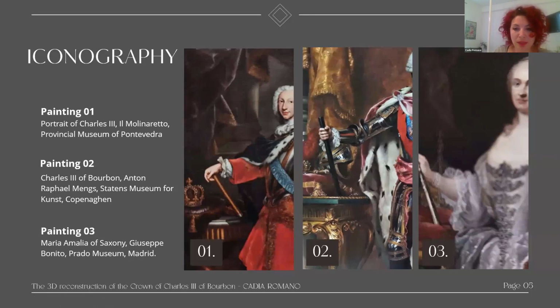Why do we have these different parts? Because it was a custom of a royal family when they did a portrait with the painter, they posed with the clothes, jewels, and crown once, and then the painter had to imagine all the details, all the elements that one day he saw on the royal family. For that, we don't have reliable elements from the iconography resources, because they are always completely different.